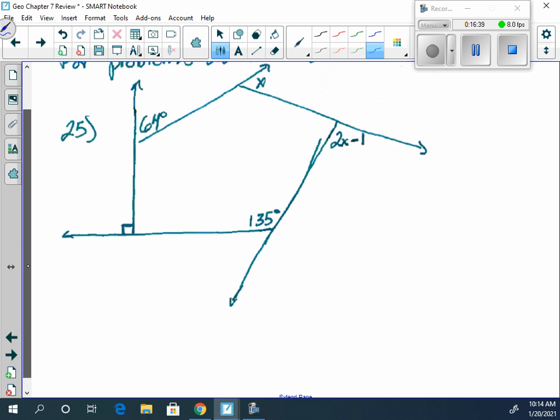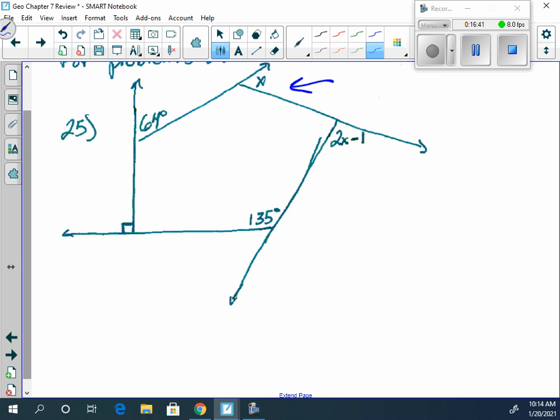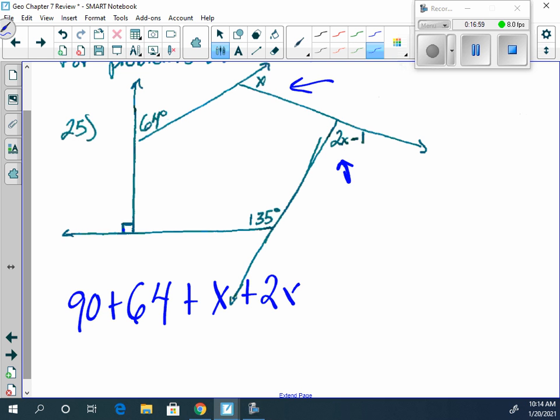25. So we want to find the measure of angle x. So we also have one here. Well, I know that the sum of all these exterior angles is 360, yes? So we have 90, I have 64, I have x, I have 2x minus 1. What's my last angle here?